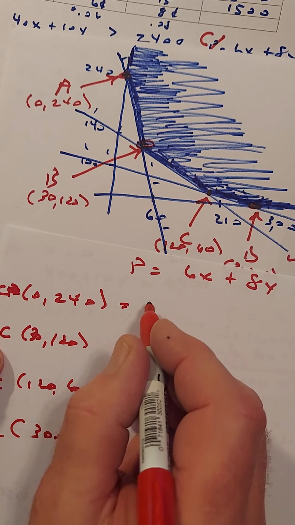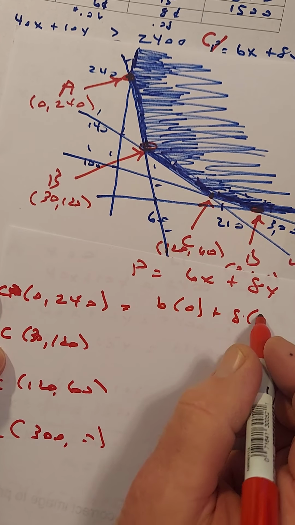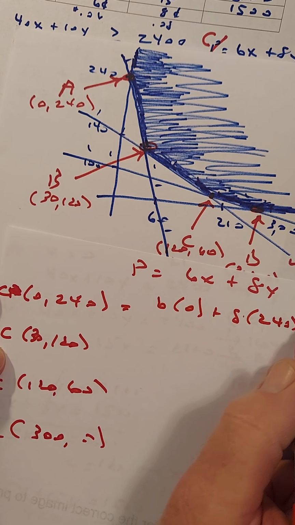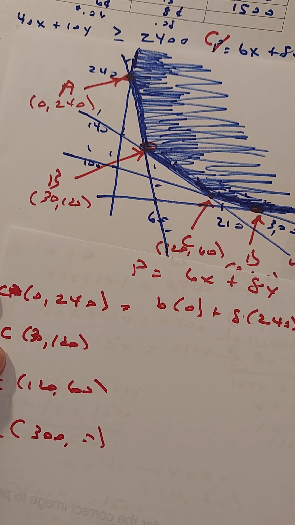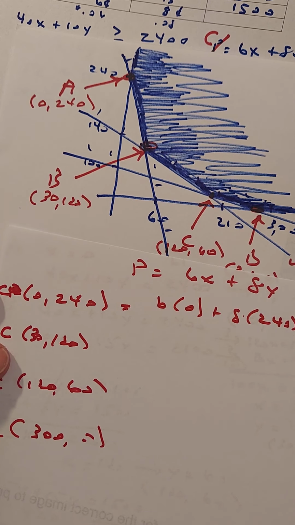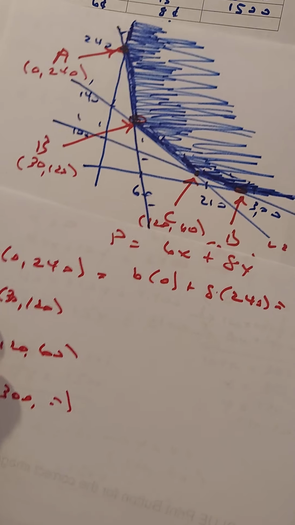So on this one, we would take 6 times 0 plus 8 times 240. And I know that that is going to be $19.20.